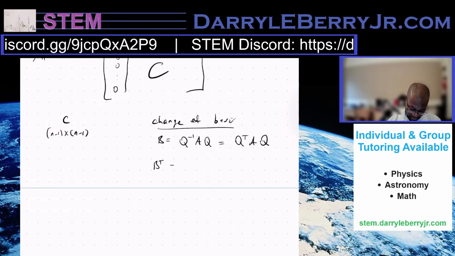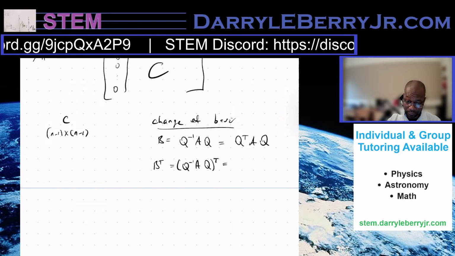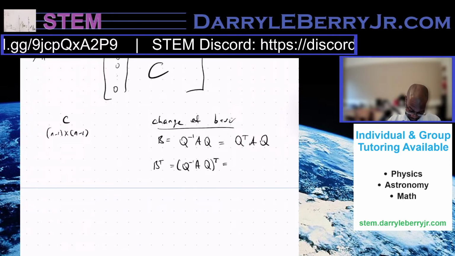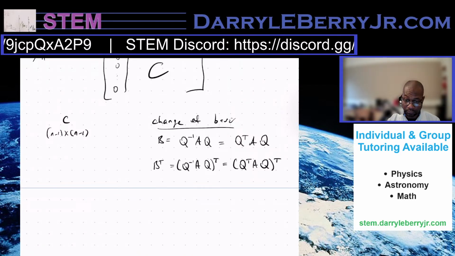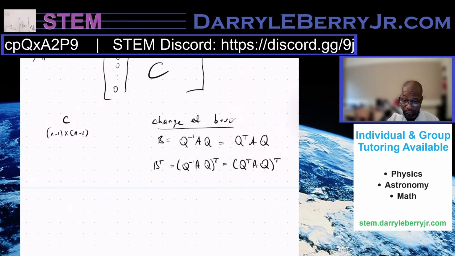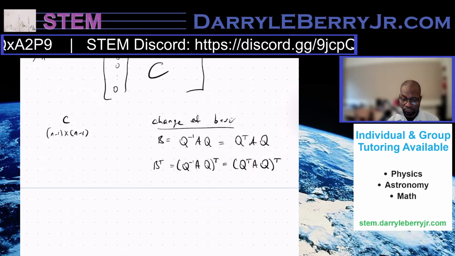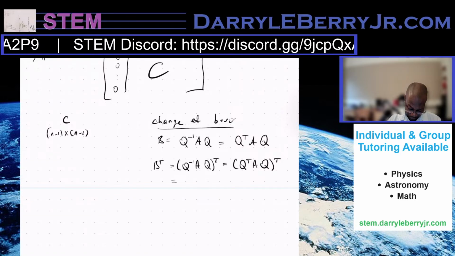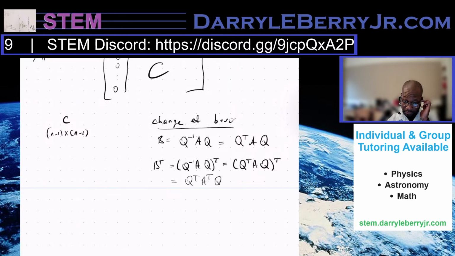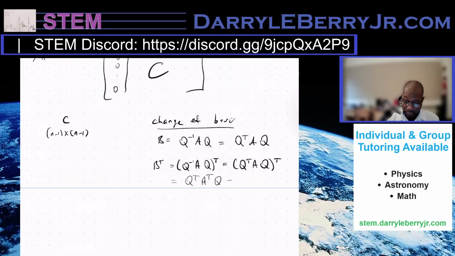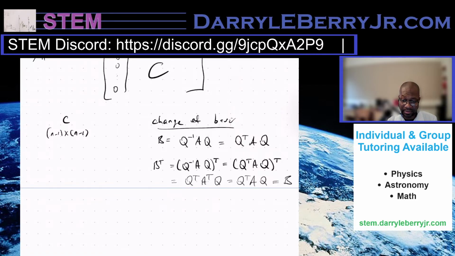Therefore, B transpose equals (Q inverse A Q) transpose equals Q transpose A transpose Q, which equals Q transpose A Q, which equals B, since B is symmetric.